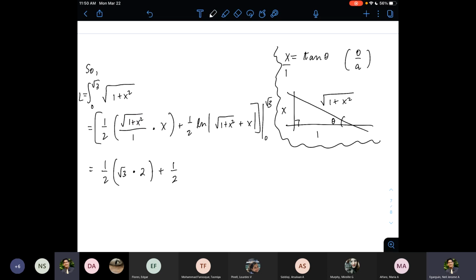Plus 1/2 ln of 2 plus root 3. Minus, if we plug in 0, the first term vanishes, and the second term will be 1/2 ln of 1, which is also 0. So this is also 0. So our answer is root 3 plus 1/2 ln of 2 plus root 3, barring any silly arithmetic mistake.